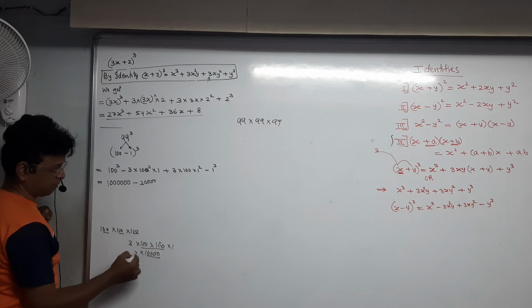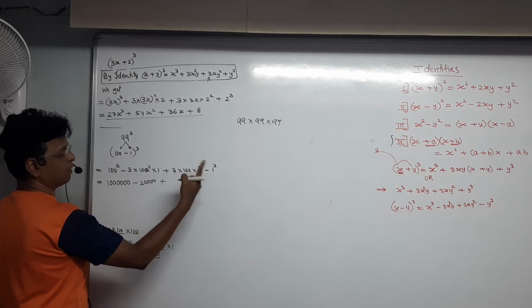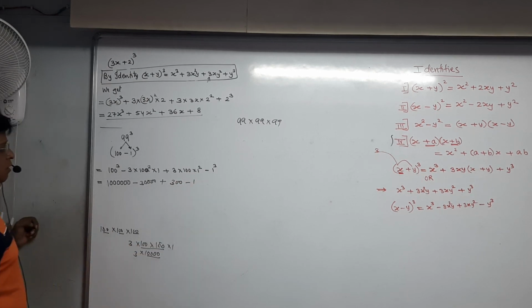Are you getting? Plus this is 3 into 100 into 1, that is 300. Minus 1. Are you getting this much?